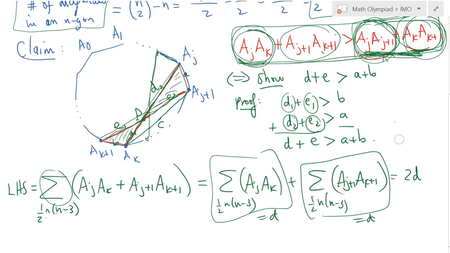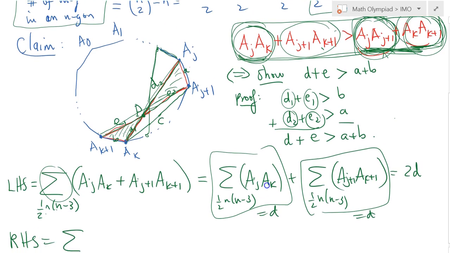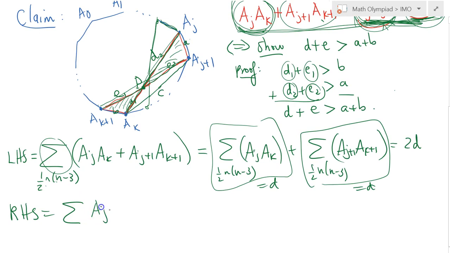Therefore, this sum on the right hand side, let's write that down. The right hand side sum, which is simply equal to a sub j plus 1, a sub j plus 1, plus a sub k plus 1 over all the diagonals, is simply equal to, we decided that this thing will count each edge, and we can split this into 2 and so on.